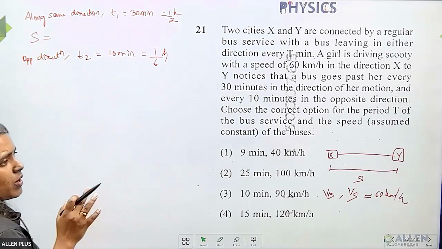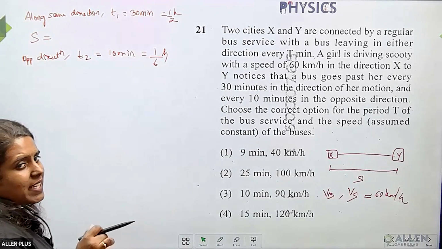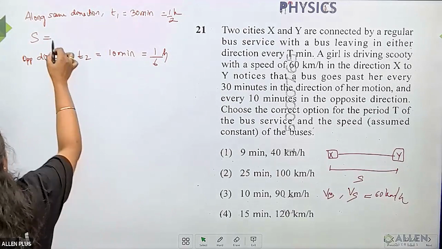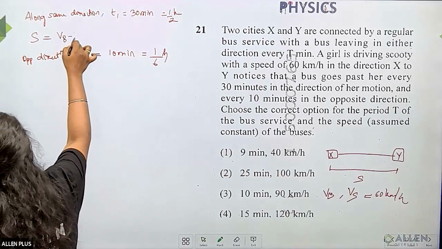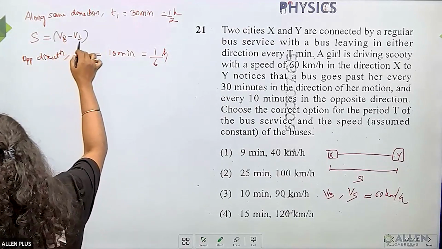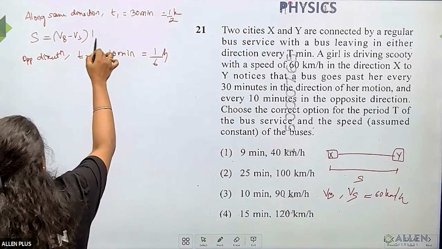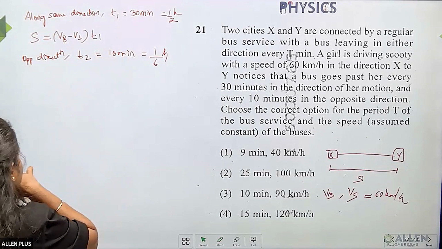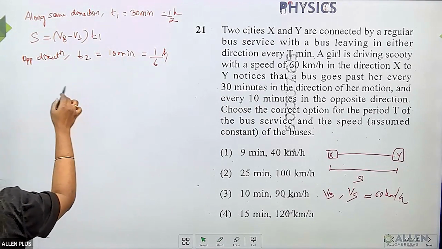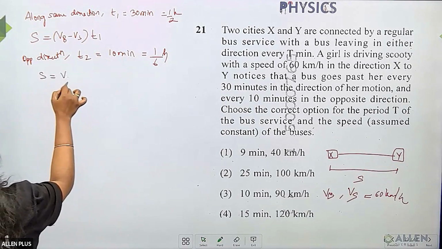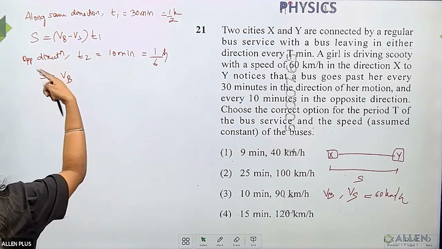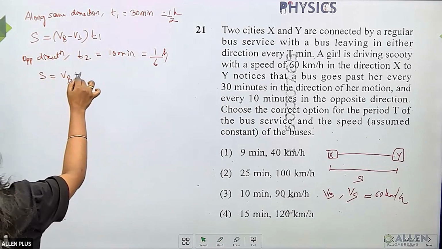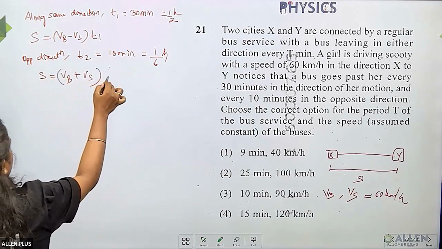When both the vehicles are going in the same direction, the relative velocity is taken by the difference of the velocities. So let me put it as S equal to VB minus VS into T1. Similarly here, S will be equal to VB plus VS into T2, since both are moving in the opposite direction, minus of minus will become plus.